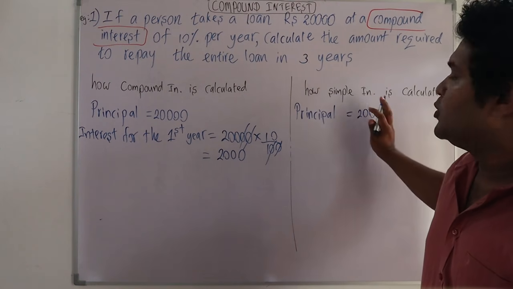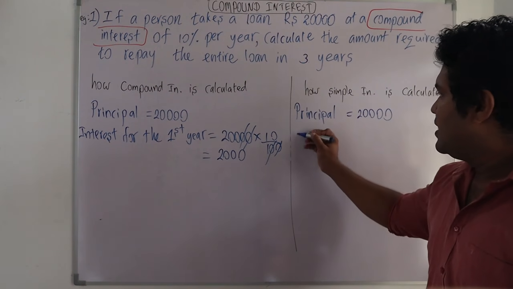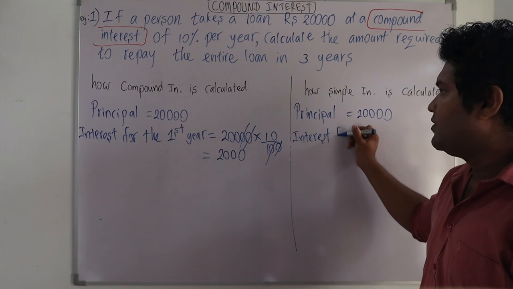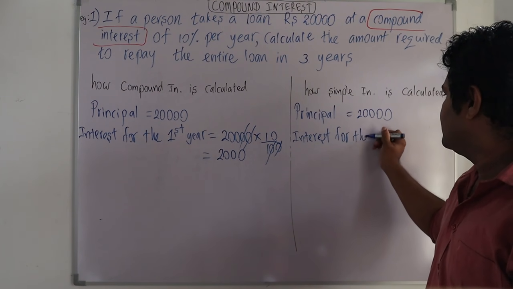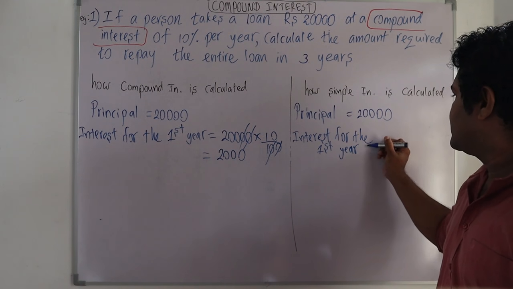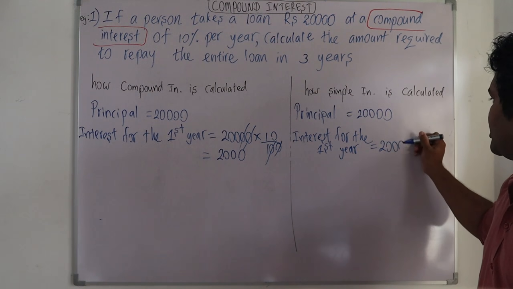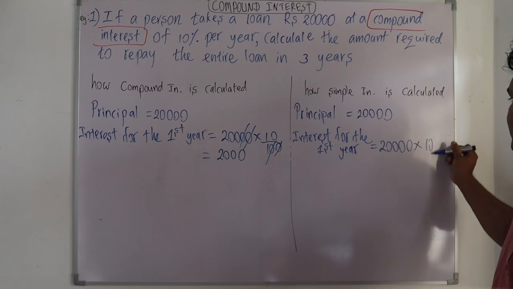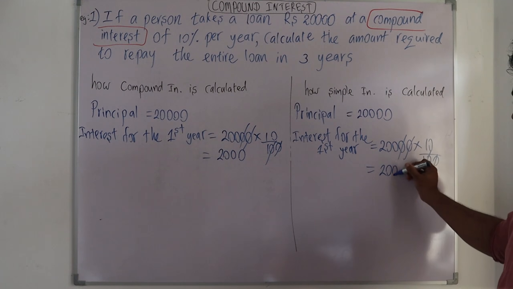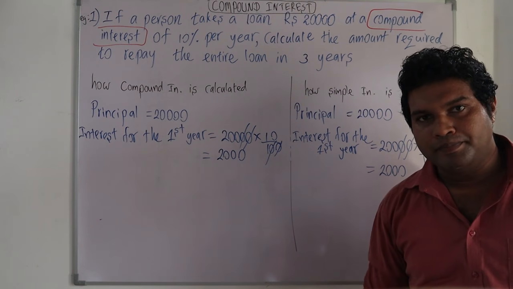And in simple interest too, interest for the first year is the same. You do a general calculation of 10 by 100, and the same 2,000 is coming.